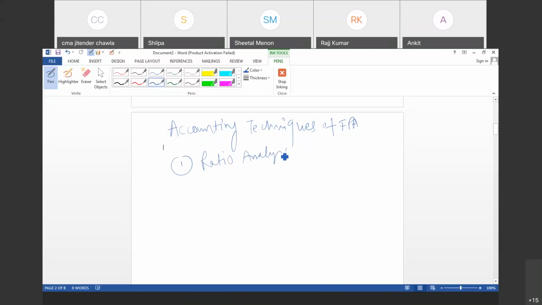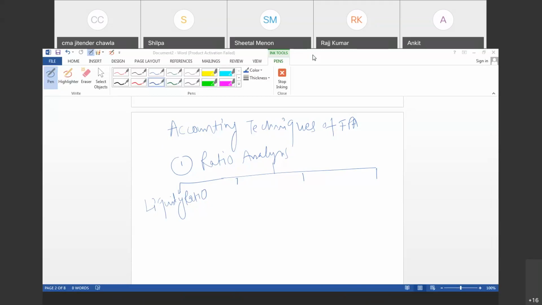Various types of ratio. Can you tell me four types of ratio you have done already? You may reply in the chat box. Liquidity ratio. कौन सी होती है ये? What are the different types of liquidity ratio?